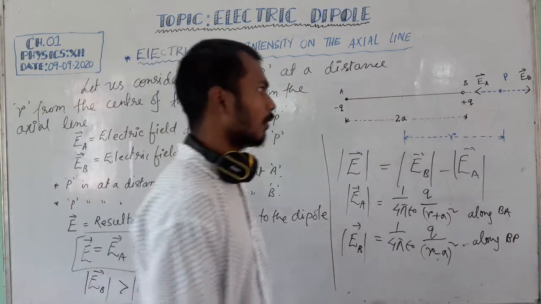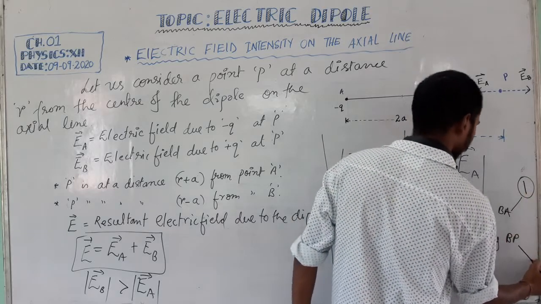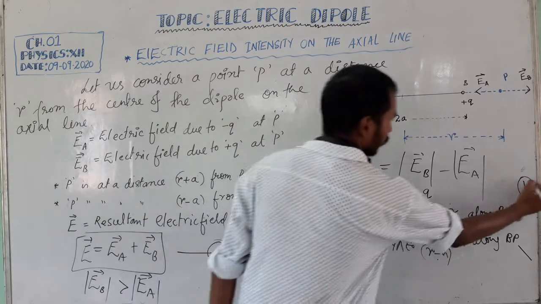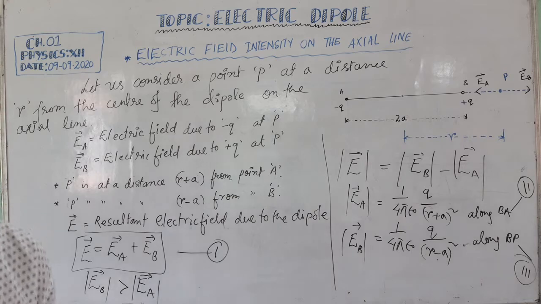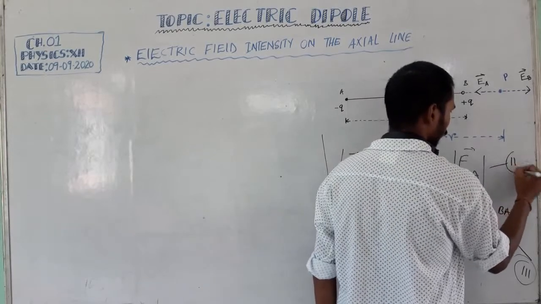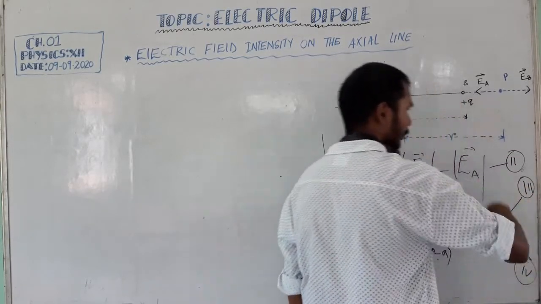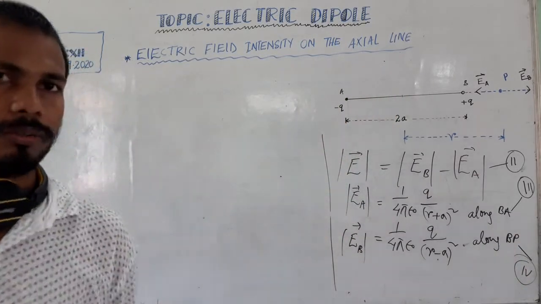Write this as equation 1, equation 2, equation 3. Sorry, this is equation 2, this is equation 3, and this is equation 4. And the previous was equation 1. Now it is clear, no?